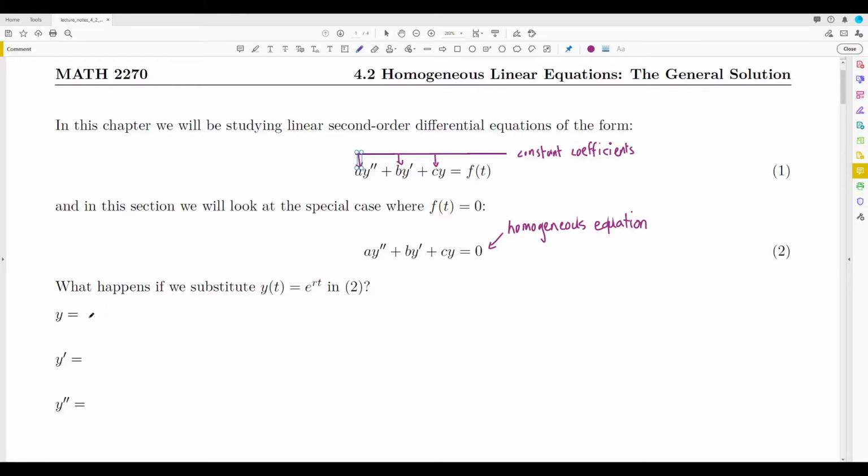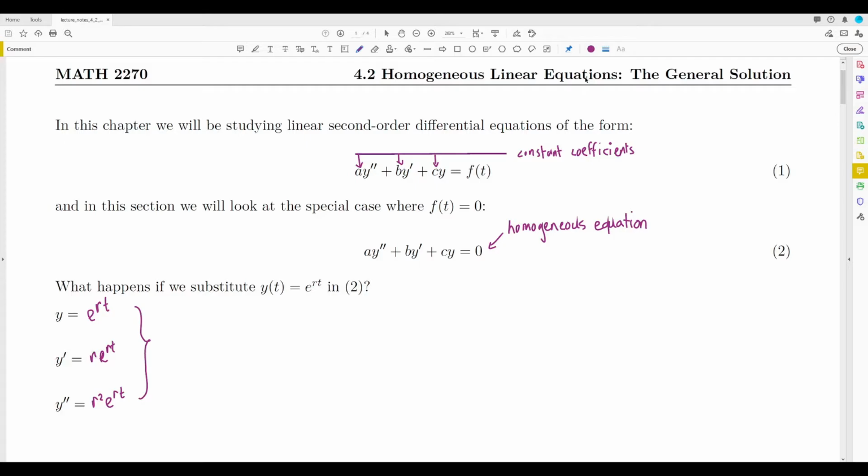So we have that the function y is e to the power rt, then the derivative is r times e to the power rt by the chain rule, and then y double prime is r squared e to the power rt. So now take all of this and substitute it into this equation.